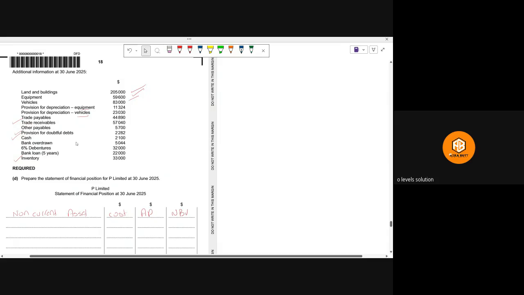And in the current liabilities, we have the trade and other payables, trade payables, and the bank overdraft. And after that, we will add the total assets, and it should be equal to the total equity plus the current and non-current liabilities. Okay.